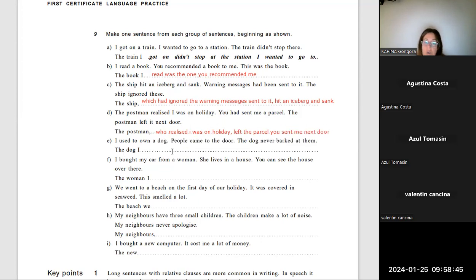Excellent. I used to own a dog. People came to the door. The dog never barked at them. The dog I used to own never barked at the people who came to the door.